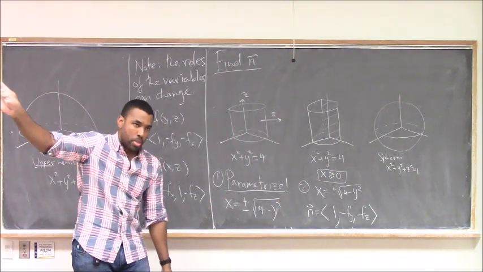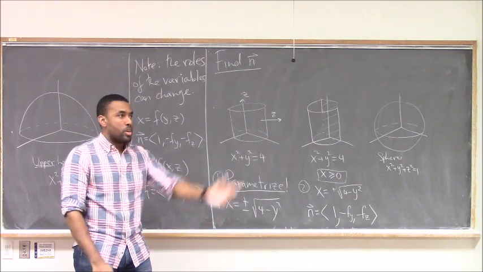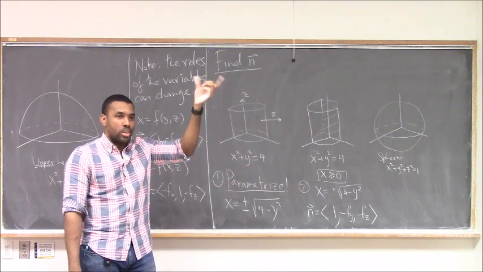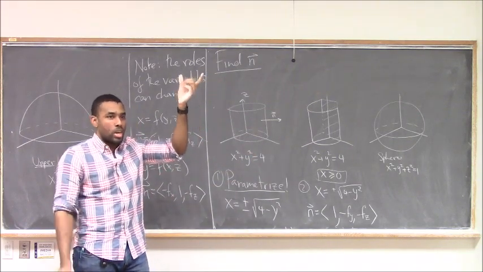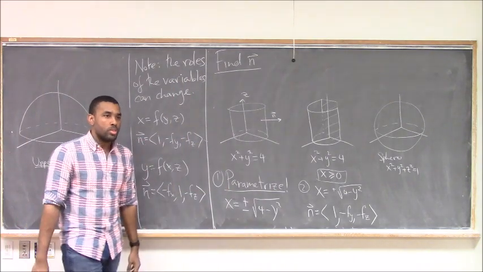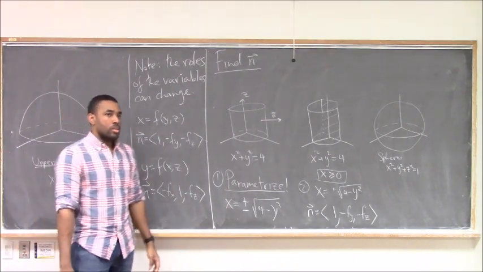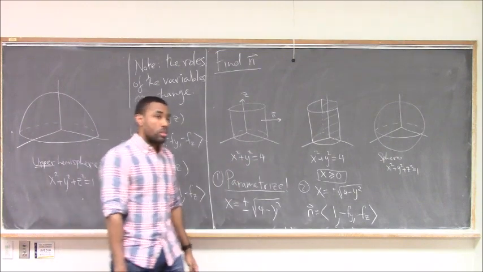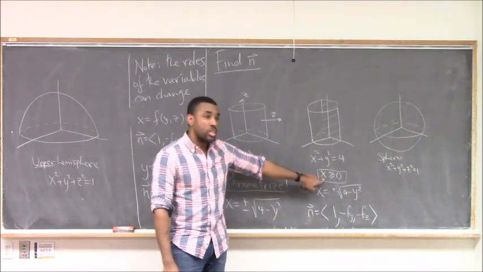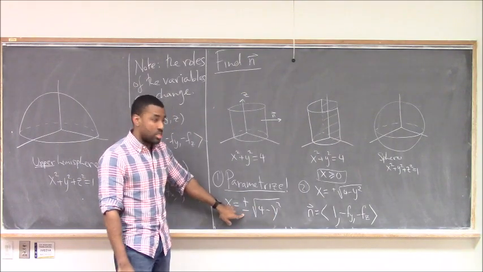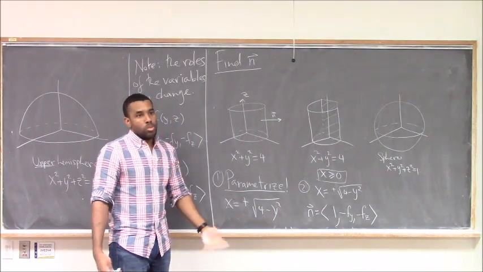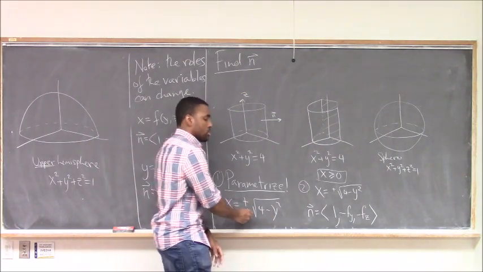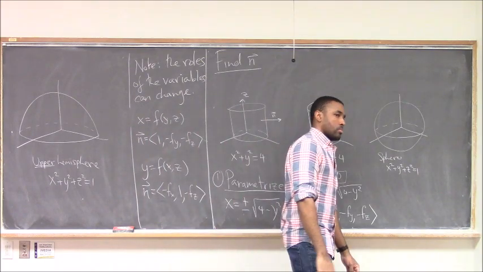I'd have to do one for the positive side and one for the negative side. And if my function isn't symmetric, where it's not predictable how that will work out, I could potentially be doing 2 separate computations. In that case, parameterization is the more efficient way to go. In this case, I was told x is positive, so I know the minus doesn't exist, and now it's easier to do the formula.